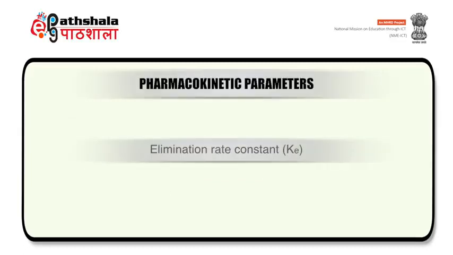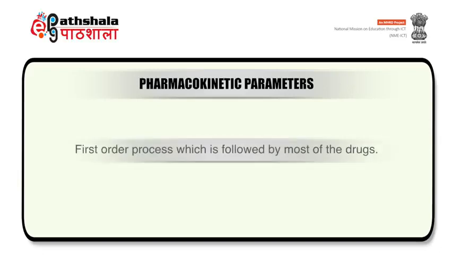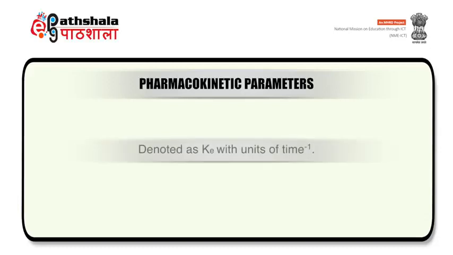Furthermore, these PK parameters can be estimated. Number one, elimination rate constant. Elimination is a first order process followed by most drugs. The elimination rate constant is designated as Ke with units of time inverse.